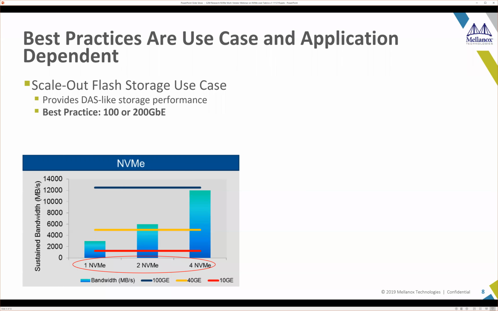So for best practices where DAS-like performance on bandwidth is needed, you probably want to go with 100 gig, because in many cases you've got at least 4 SSDs on your storage nodes. And also in these use cases, best practice is probably not going to be able to support Fibre Channel, because the Fibre Channel speed is really not an option unless you have very few SSDs, or bandwidth isn't important.